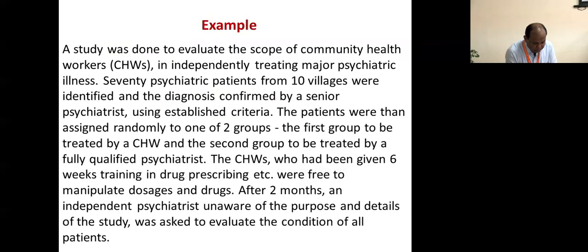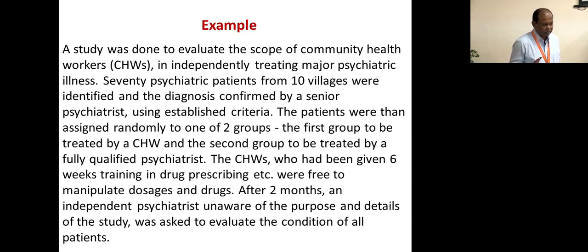Let me give you this example. This is a hypothetical example where community health workers were given 6 months of training to treat psychiatric morbidities in the community. Because it's very difficult to get psychiatrists working in the community, the ministry thought we'll train community health workers to treat psychiatric morbidities.